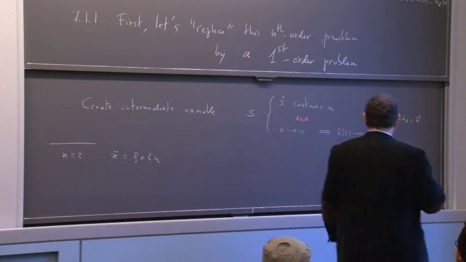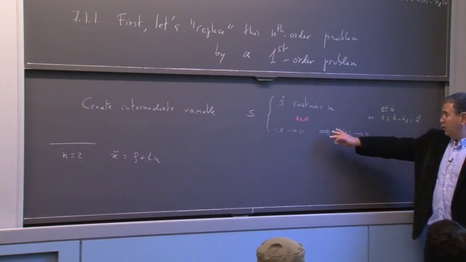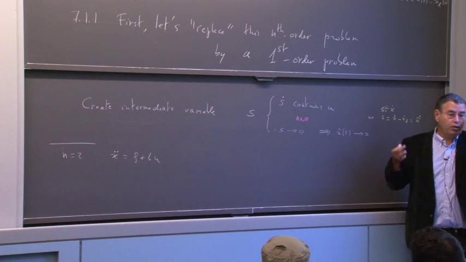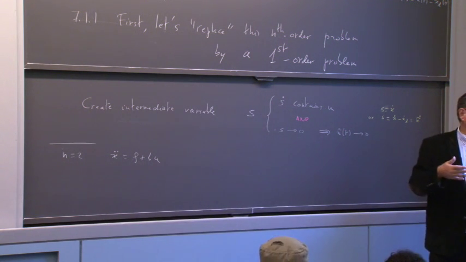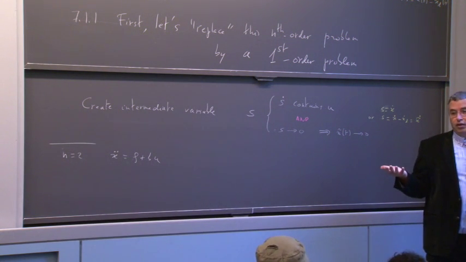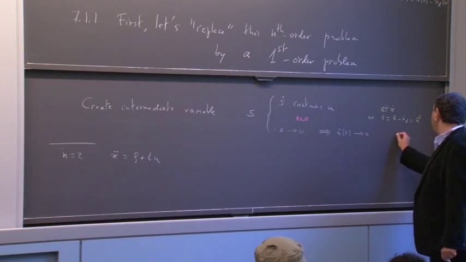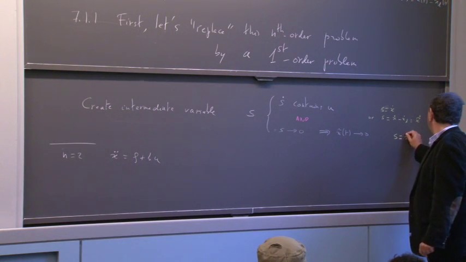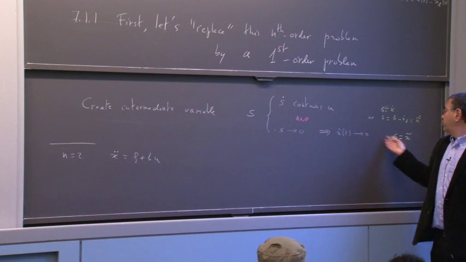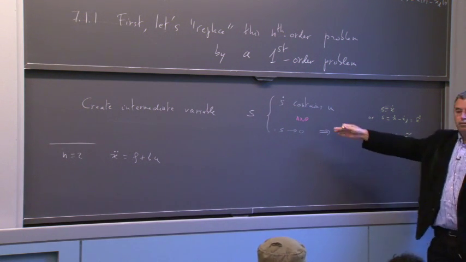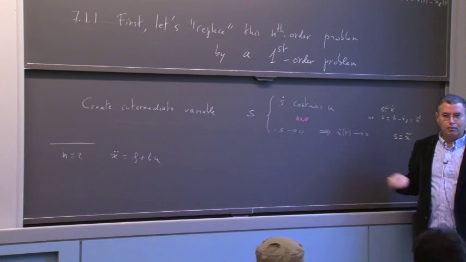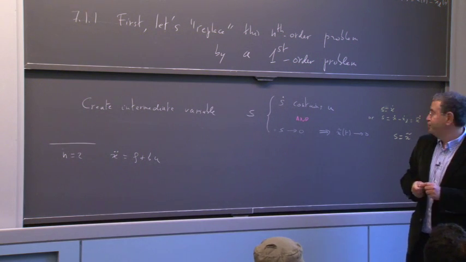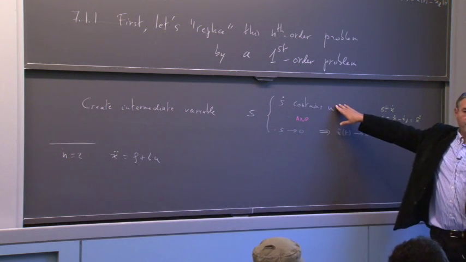Suppose we wanted to solve the second condition by itself: s tends to 0 implies that x tilde tends to 0. Well, of course, we could pick s equal x tilde. That would obviously verify that s tends to 0 implies that x tilde tends to 0. But then, of course, it doesn't verify the first one.